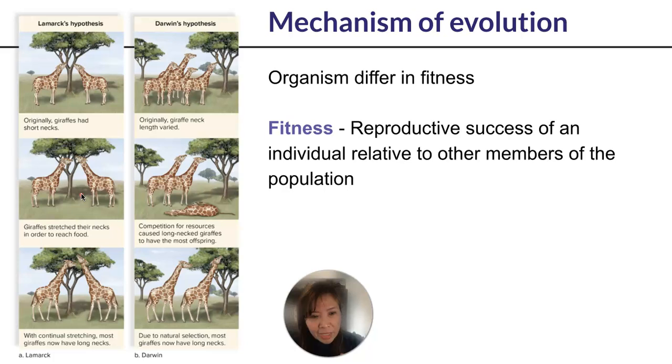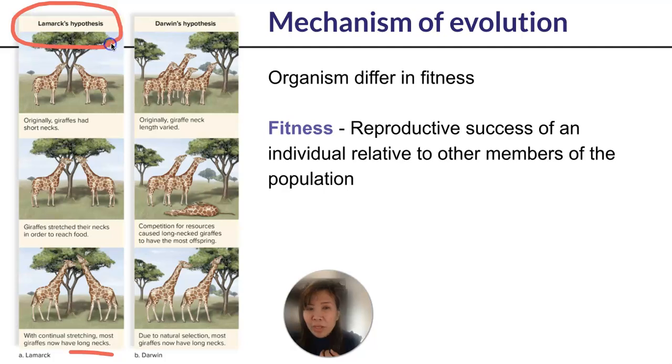Their stretching is how they end up with long necks. They just keep stretching and stretching until eventually they have these long necks. This is Lamarck's hypothesis.